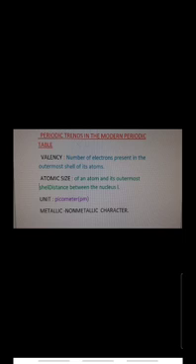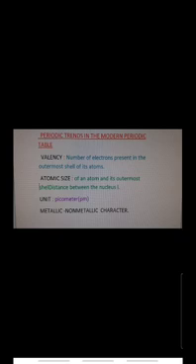In this standard, we are going to study a few of them. The first one is valency. Valency of an element is determined by the number of electrons present in the outermost shell of its atom, that is the valence electrons. Valence electron means the electron which is present in the outermost orbit of the atom.